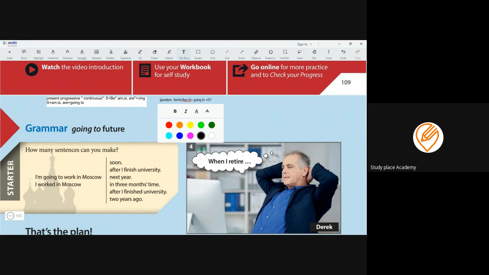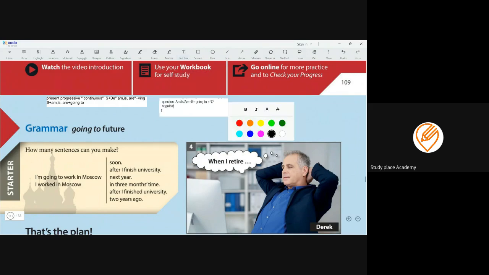That's for question. For negative, we're going to use subject plus is or are, depends on the subject we have, and then plus not plus going to.